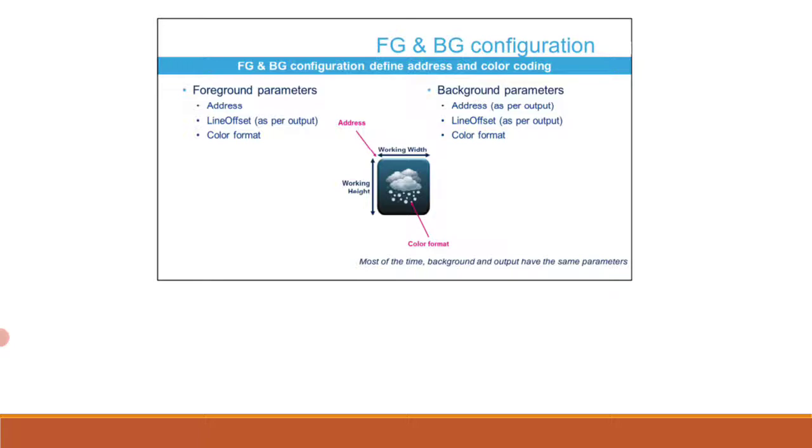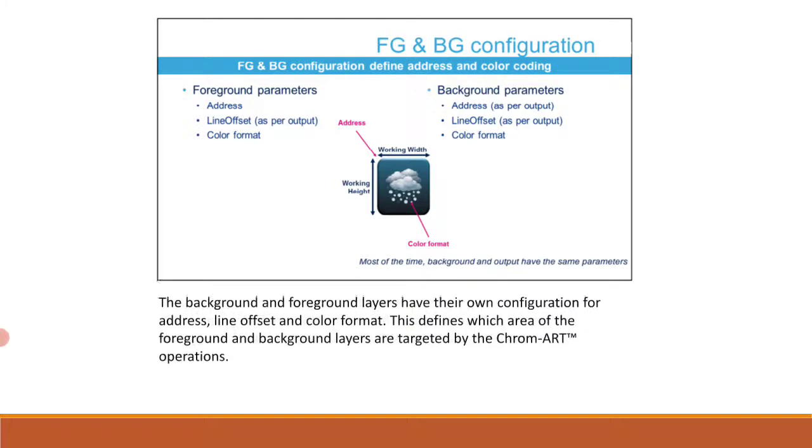So foreground here: address, line offset as per output, and color format. Background parameters are address, line offset as per output, and color format. Most of the time background and output have the same parameters.